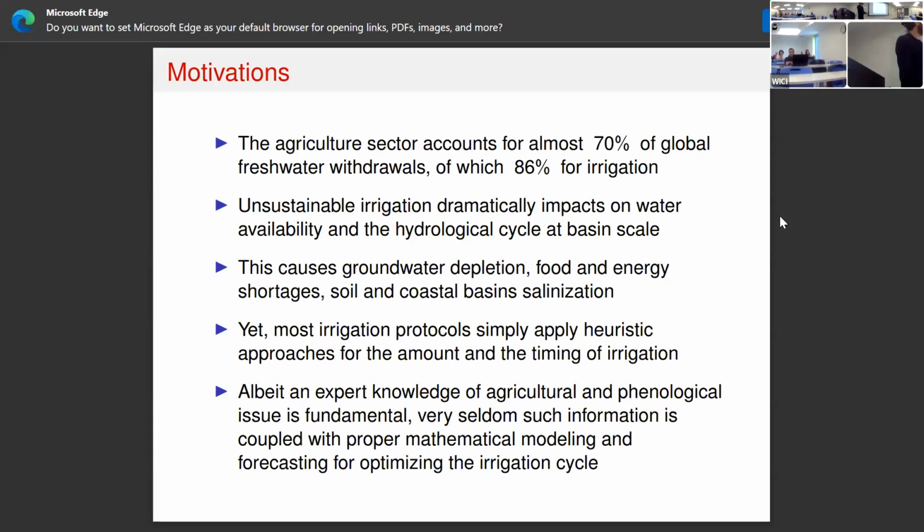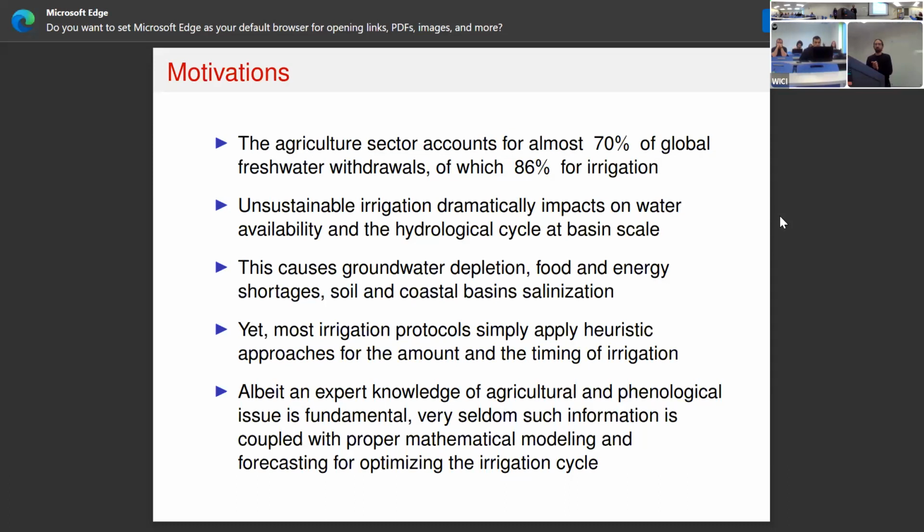So why? Well, I don't think I have to convince you about the importance of the issue. We know that the agricultural sector accounts for about 70% of use of freshwater resources. And out of these 70%, 86% is due to irrigation.